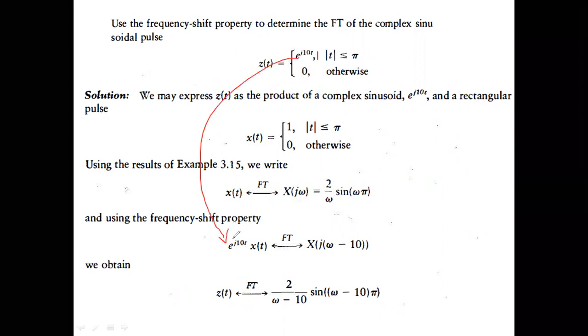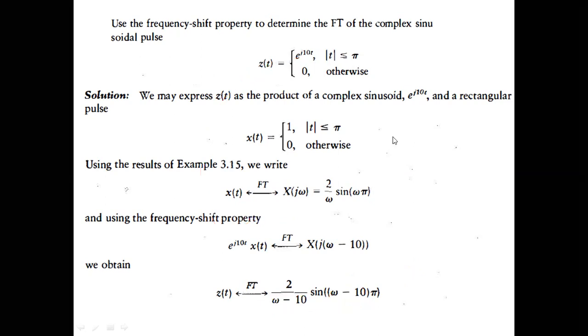So you see here the plus becomes minus. As a student I always got confused between the shift in the time domain and the shift in the frequency domain with the sign. So every omega shall be replaced by omega minus 10. That's your answer.